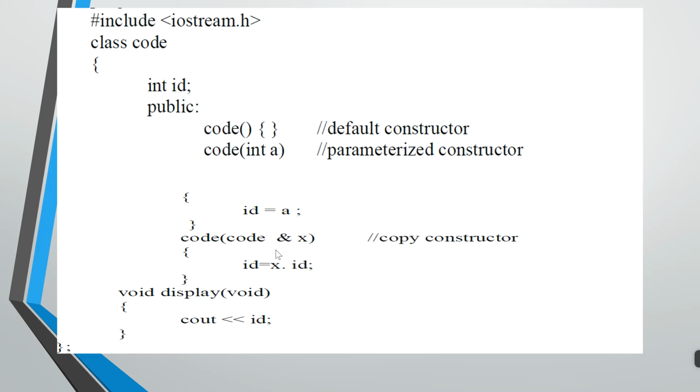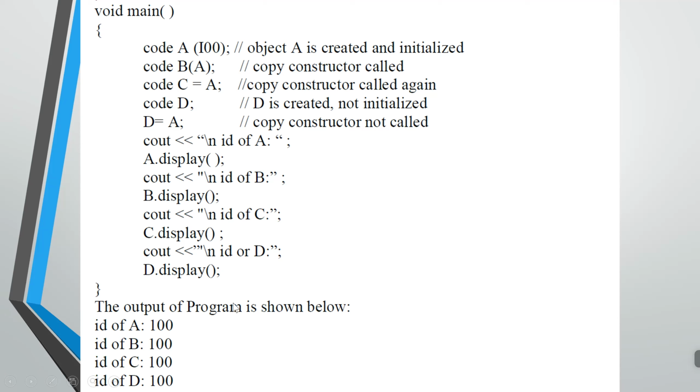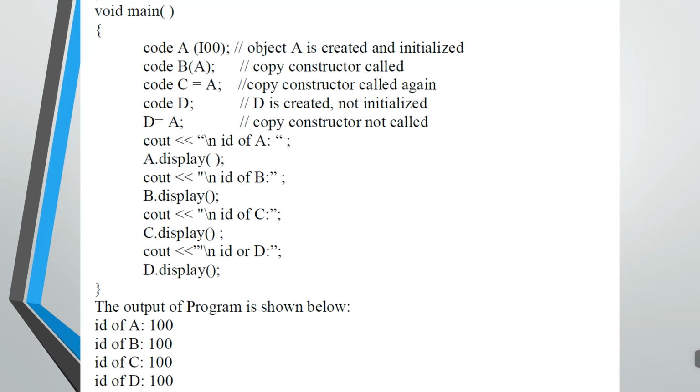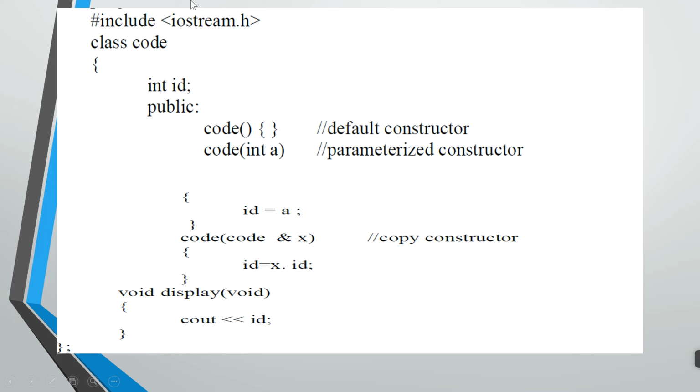The example explains how it works. Here, code A of 100. What is code? Code is a class. A is an object of 100. Which constructor will work among these three?